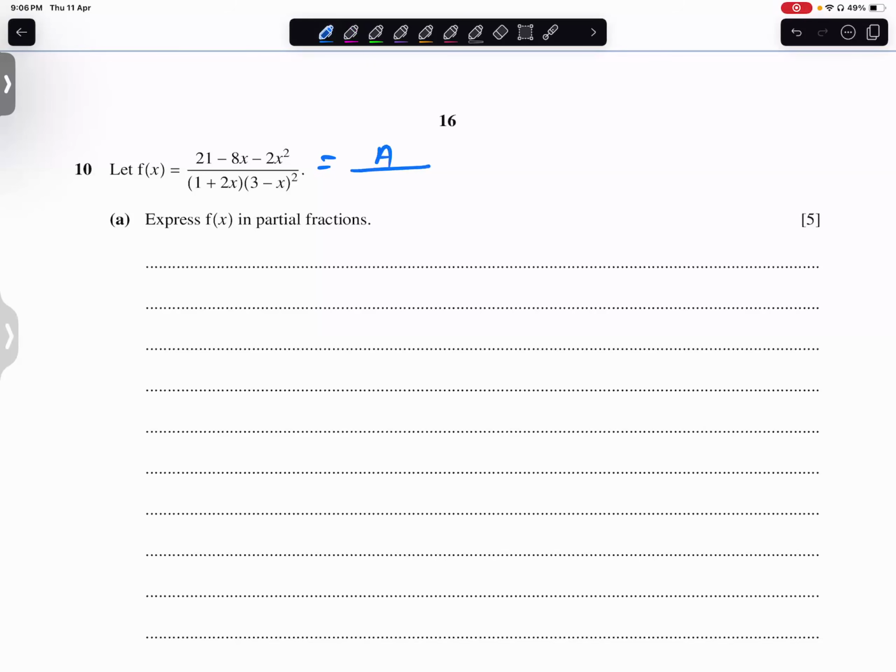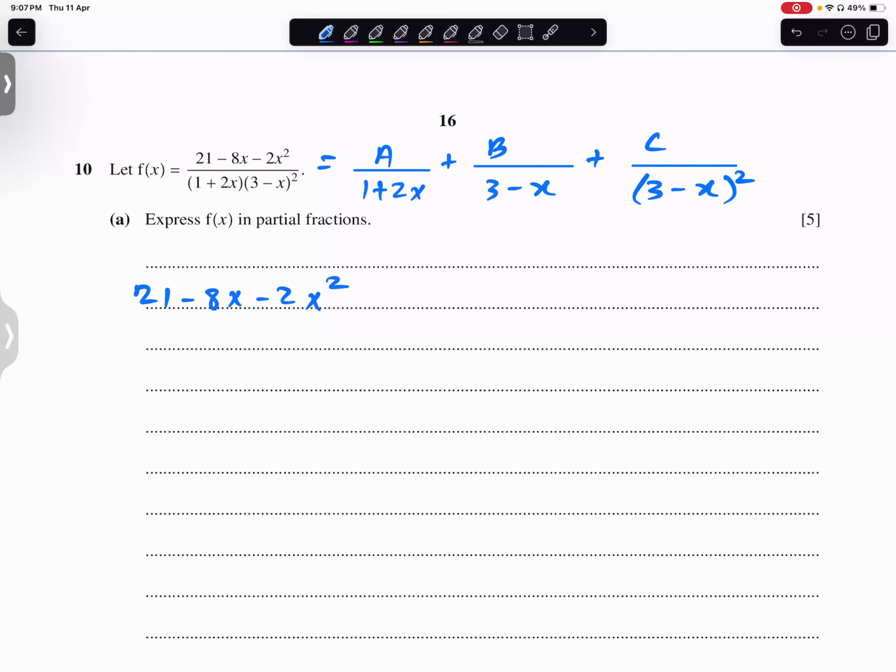So A over 1 plus 2x, plus B over 3 minus x, plus C over 3 minus x whole square. So 21 minus 8x minus 2x square is equal to A times 3 minus x square plus B times 3 minus x into 1 plus 2x plus C times 1 plus 2x.